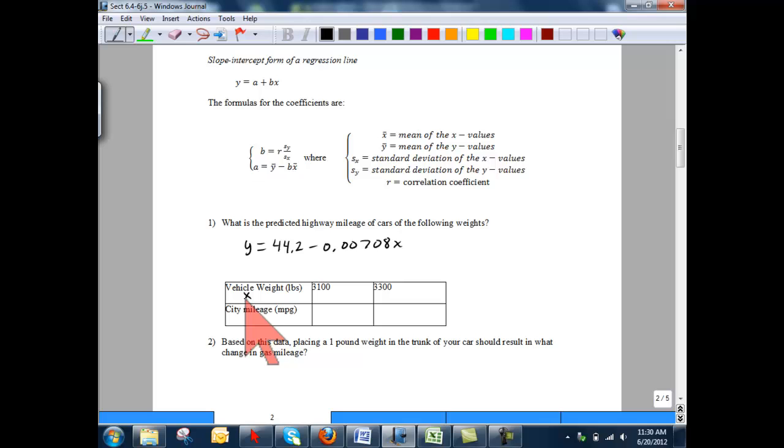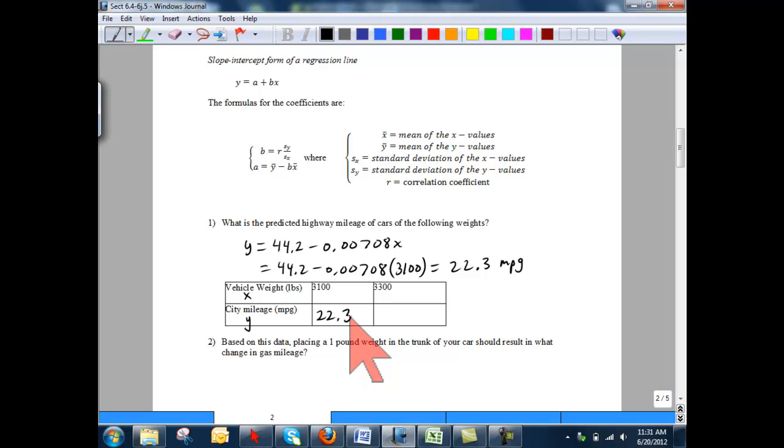And this is our x variable, our independent variable. This is our y variable, our dependent variable. So now I take the regression equation, and for x I plug in 3,100 pounds. And this works out to be 22.3 miles per gallon.